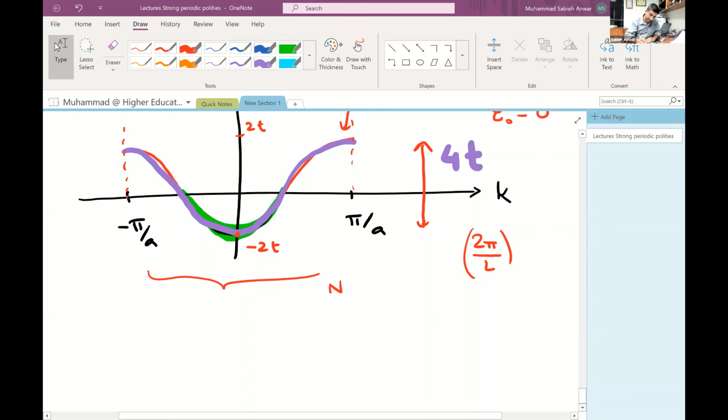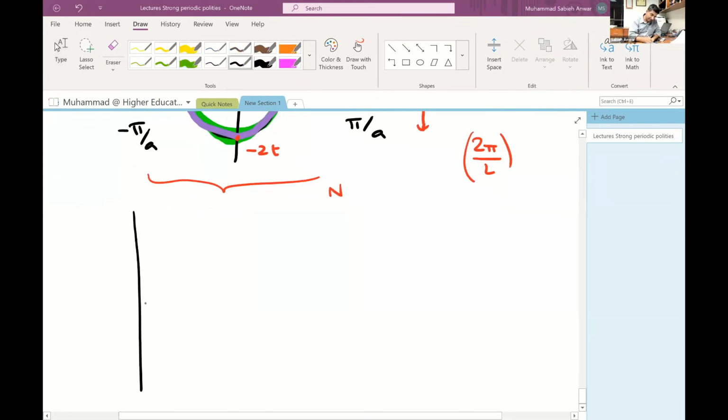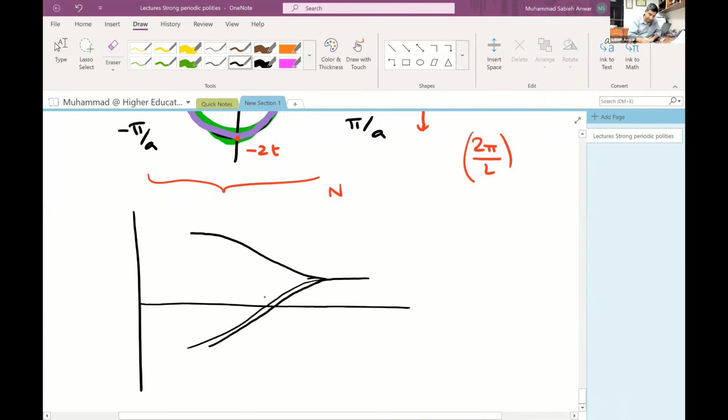So let me draw this scenario in front of you. So if we have one orbital per atom, then these atomic orbitals are going to fan out into a sequence of bands, into a sequence of energy levels.